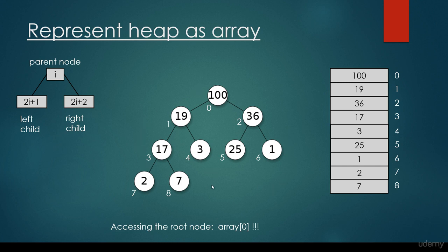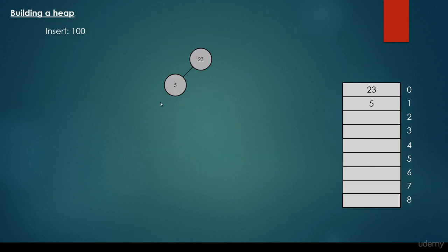It is a tree-like structure, okay, it's going to be valid, but sometimes the heap properties are going to be violated. So this is why if we insert, for example, 100, we have to check that, okay, for a maximum heap, the parent node should be greater than the left child or the right child. In this case, it's not going to be fine because 100 is greater than the parent, so we have to swap them.